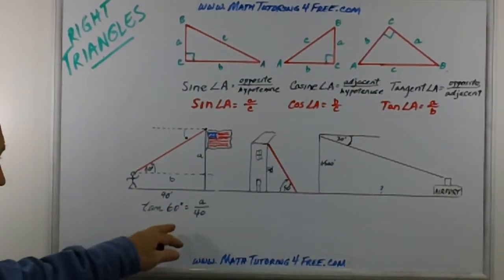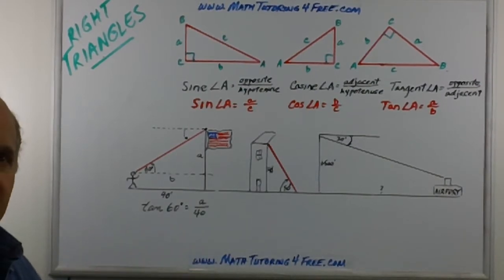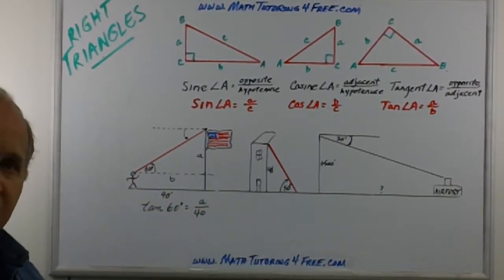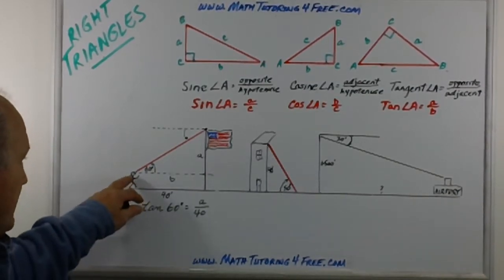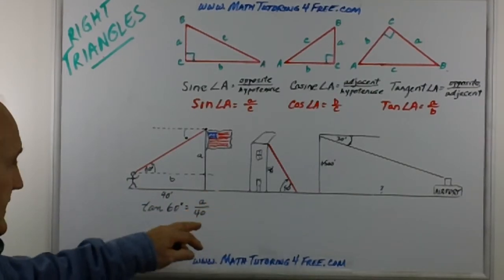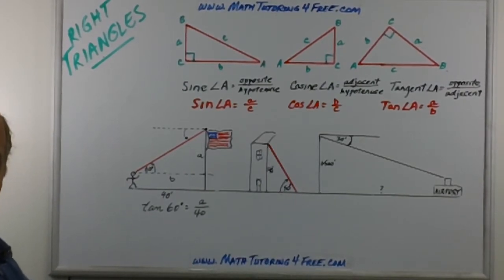I'm not going to get into that, you can do that, but one of the things I want to warn you about, and it's amazing how many kids miss this, is that you have to recognize this is at eye level. So if that individual is looking up at the top of the flagpole, we have to take into account the height of the individual and add that, because our triangle is at his eye level, isn't it? So whatever we get for A, that's the height of the flagpole minus the height of the individual looking at it.